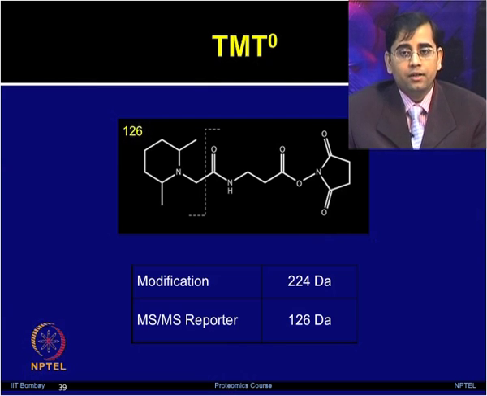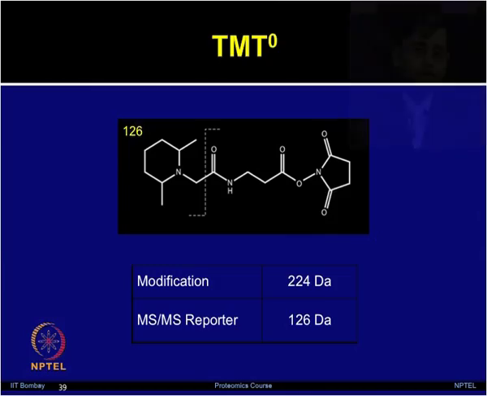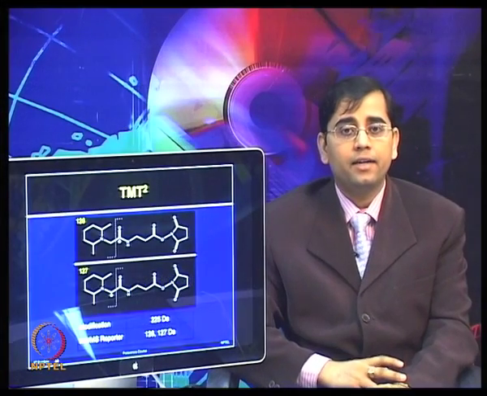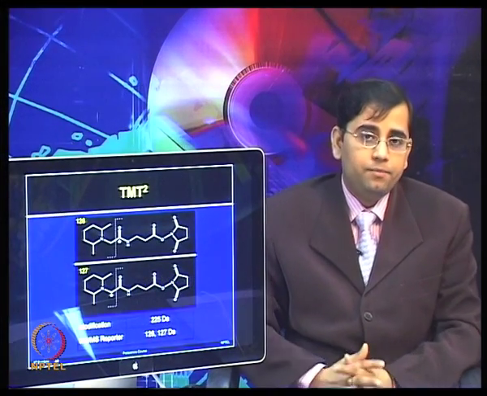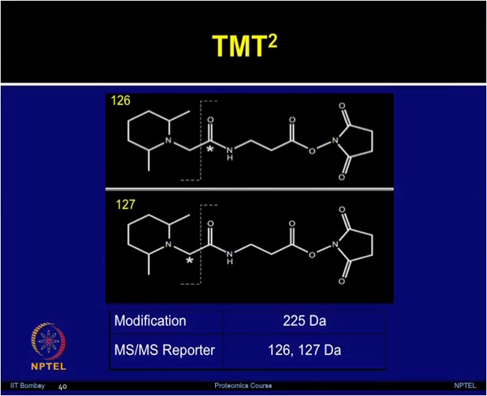The modification is 224 Daltons and the MS-MS reporter ion is 126 Daltons. Now, let us look at TMT duplex. The TMT duplex reagent allows for the comparison of 2 samples. 126 and 127 are the 2 different MS-MS reporter ions available, and the modification is 225 Daltons.